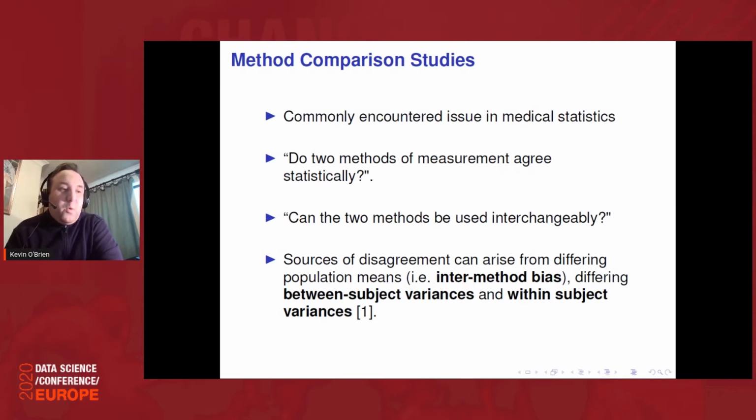So one could be differing population means. That means an intermethod bias. Okay, an intermethod bias could mean that one measurement consistently gives you a higher value or a lower value compared to the other measurement. So it could be on average +2 units more. Now, this is actually quite easy to fix.